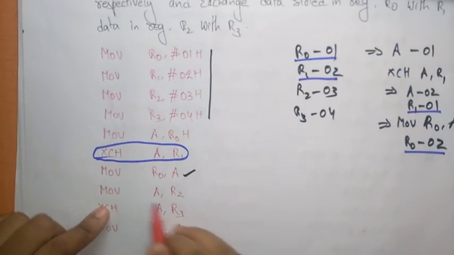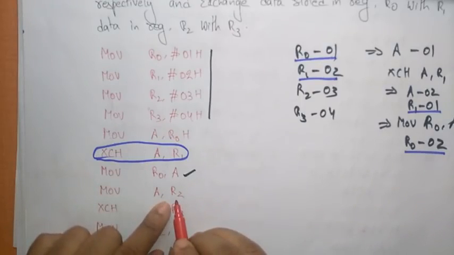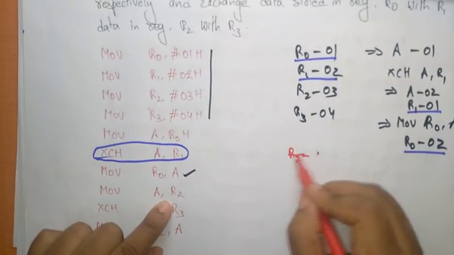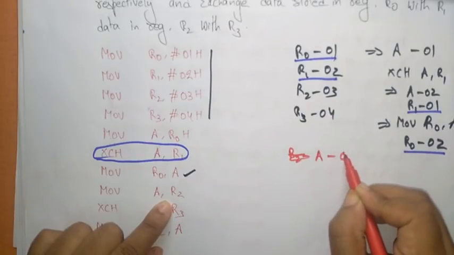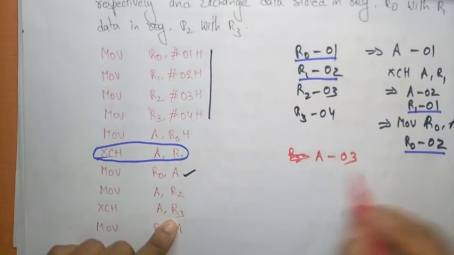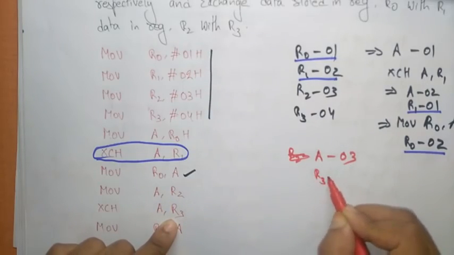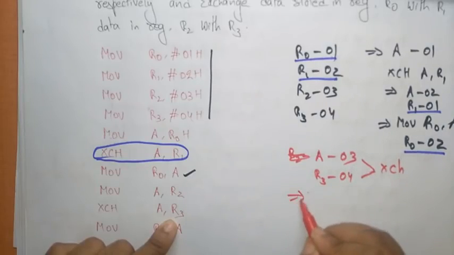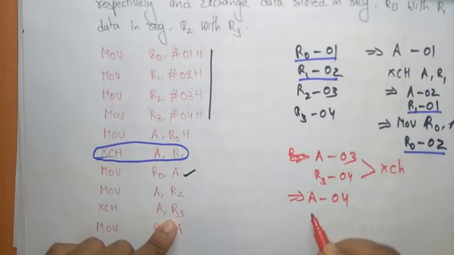See here. MOV A, R2. Now A contains R2's value, that is 03. XCH A, R3. R3 is 04. Just exchange. Now A contains 04 and R3 contains 03.